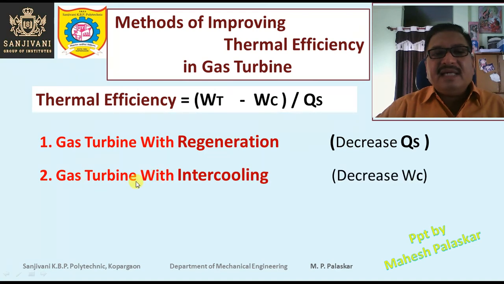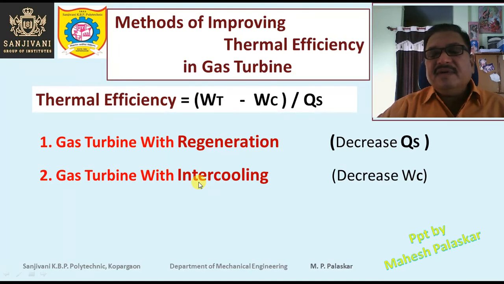Another method is gas turbine used with intercooling. Now, whatever work is required for the compressor to compress the air or the working fluid, that can be reduced by intercooling. So if we go for intercooling, that means we are using two stages of compression.